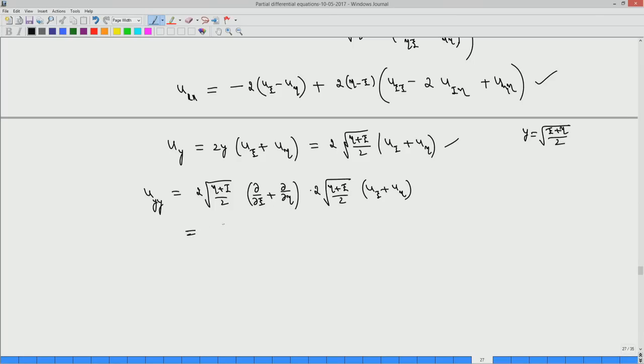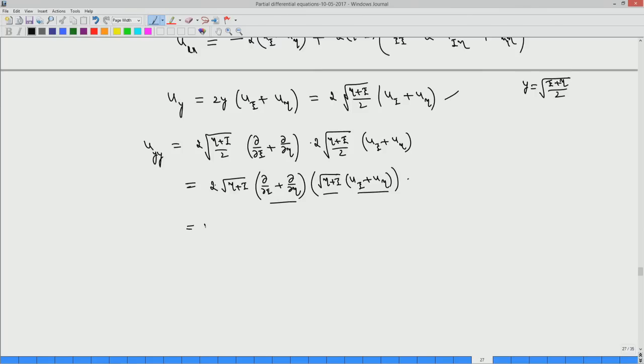Now you combine this together, so you have 2 times, this 2 goes, the denominator will be together 2, one 2 goes. What you end up is dou dou xi plus dou dou eta, this operating on square root of eta plus xi and u xi plus u eta. So, these are two functions, a product of two functions, and this is the operator. This is how you have to look at it.